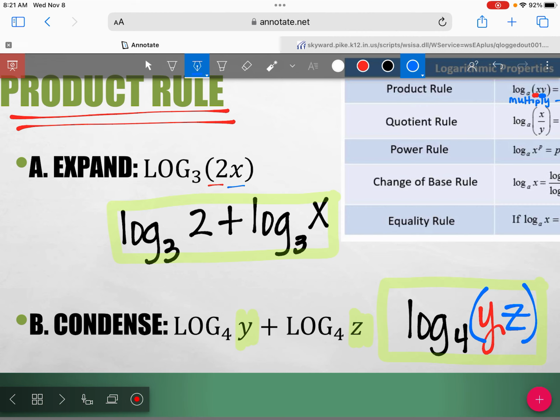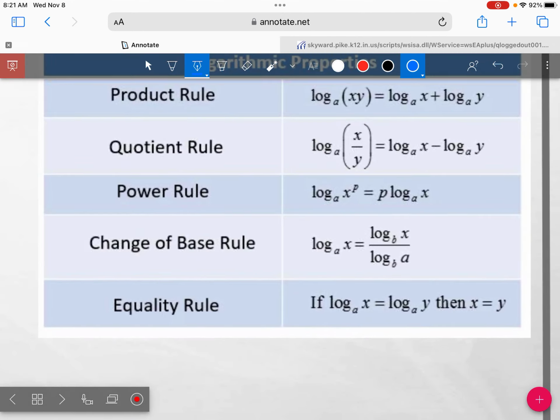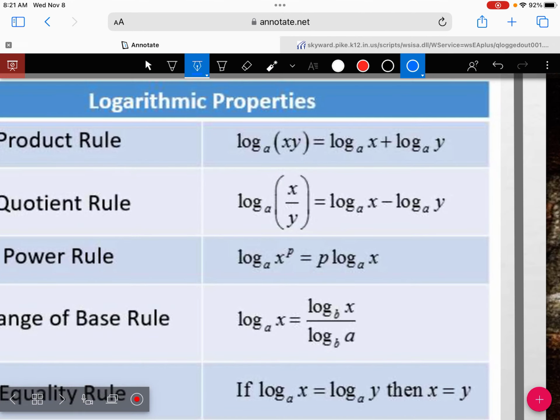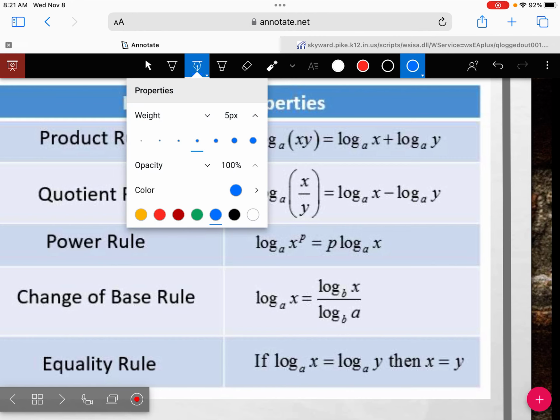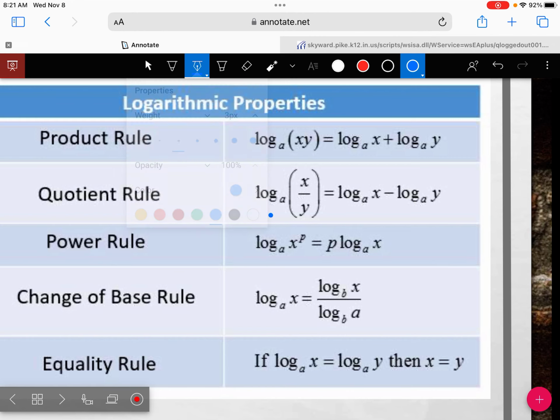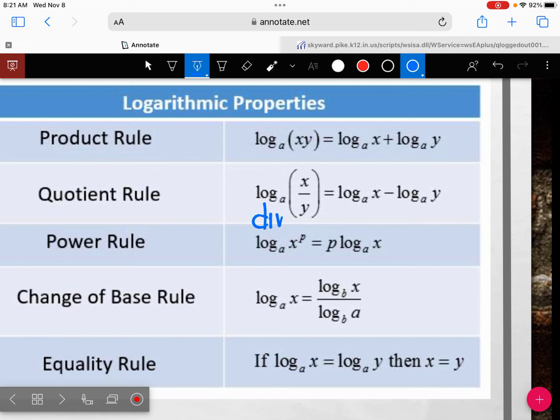All right, so our next rule we're going to talk about that's on your cutout is the quotient rule. So let me zoom in really closely here. So for a quotient, we have division. So quotient means division. So we have division, and that is being expanded with, instead of addition, with subtraction.